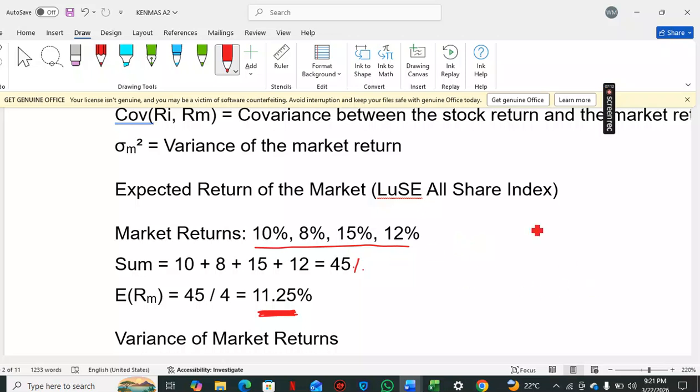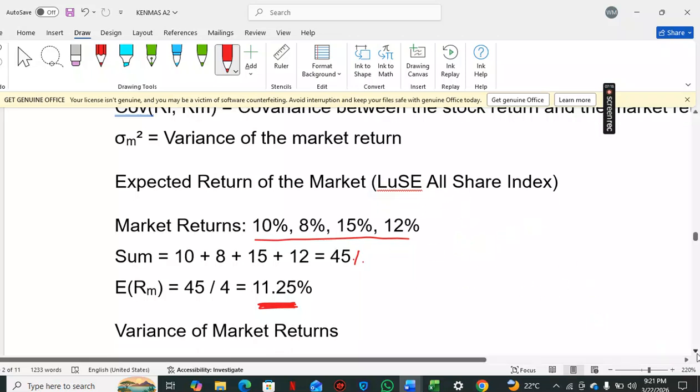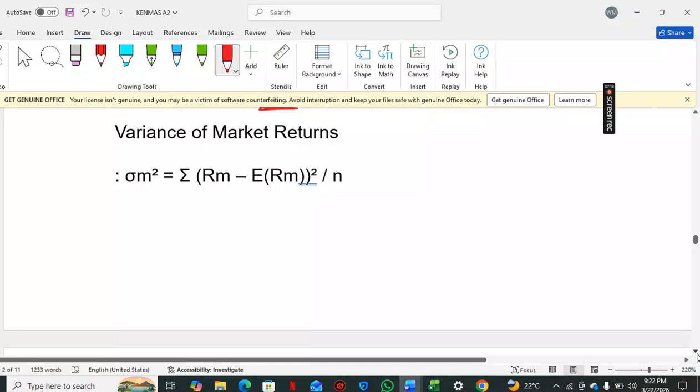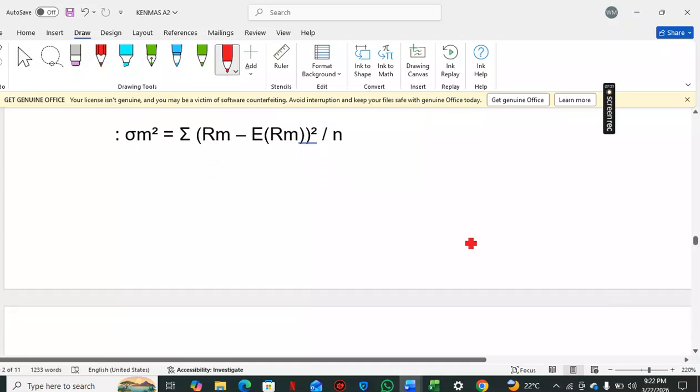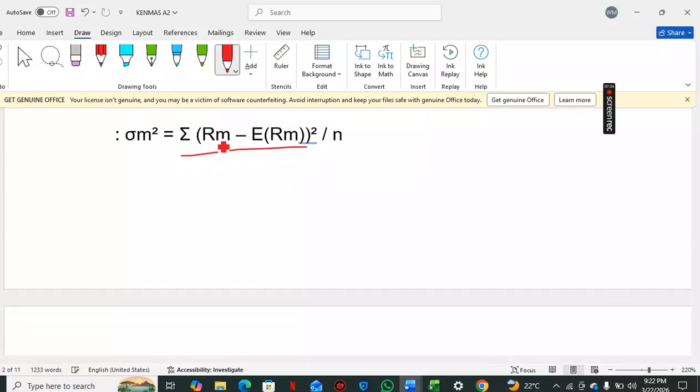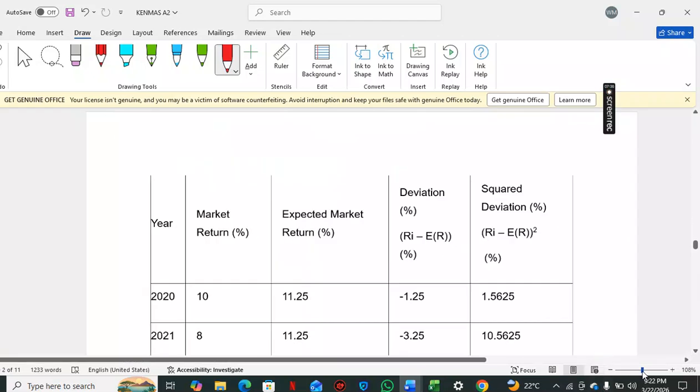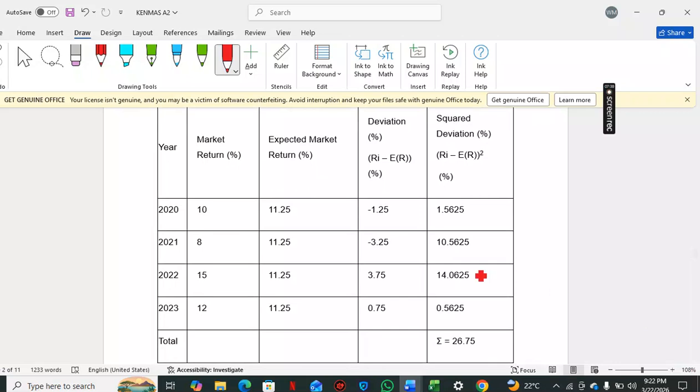Next, we now need to get the standard deviation for the Lusaka Securities Exchange. Remember, we already did all of this for Zambezi Farms Limited, the same process. Each individual return from the market minus the expected return, then you square, and then divide by n. So for the Lusaka Securities Exchange, we have the individual returns here and the expected returns here.